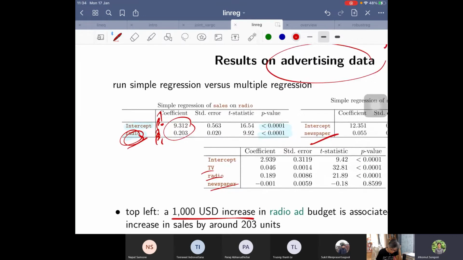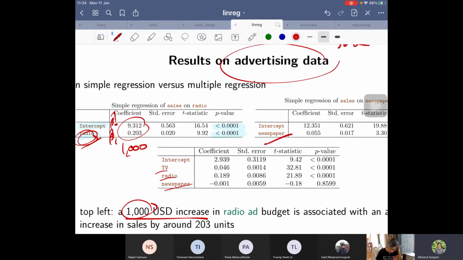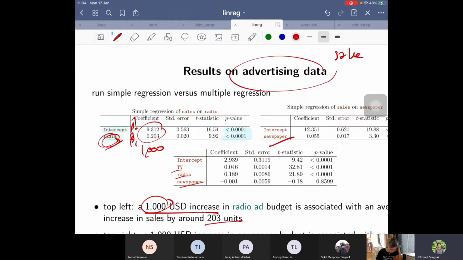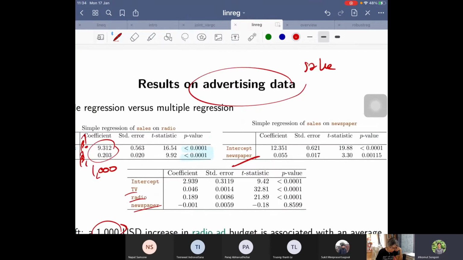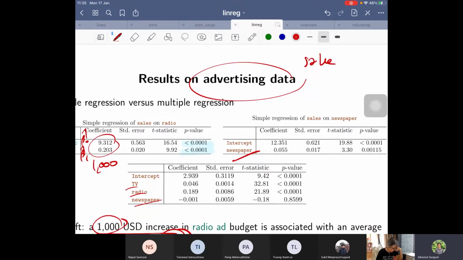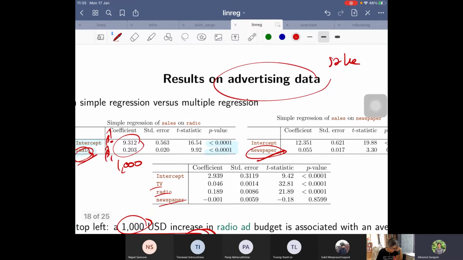If you spend 1,000, the sales would be increased by 0.203 times 1,000, which means the sales would be increased by 203 units. When you perform the single regression, we see that both newspaper and radio are significant.